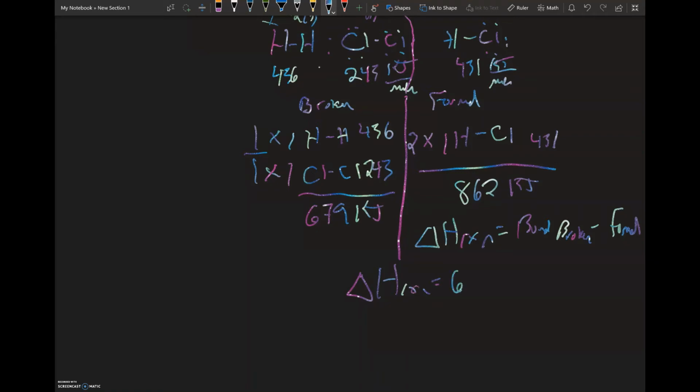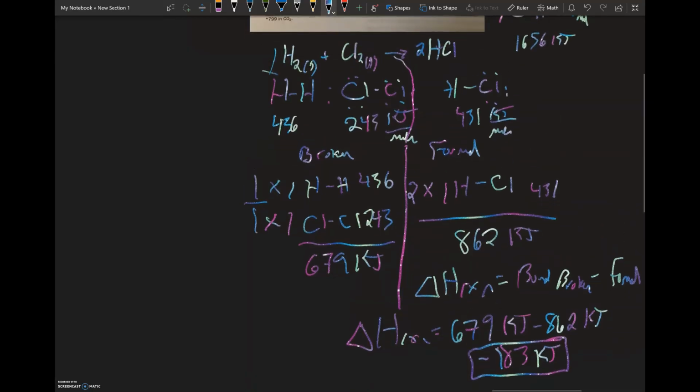So we're going to take 679 kilojoules, and subtract it from 862 kilojoules. And so what you end up with is a value of negative 183 kilojoules. So that would be our enthalpy of reaction for that specific reaction.